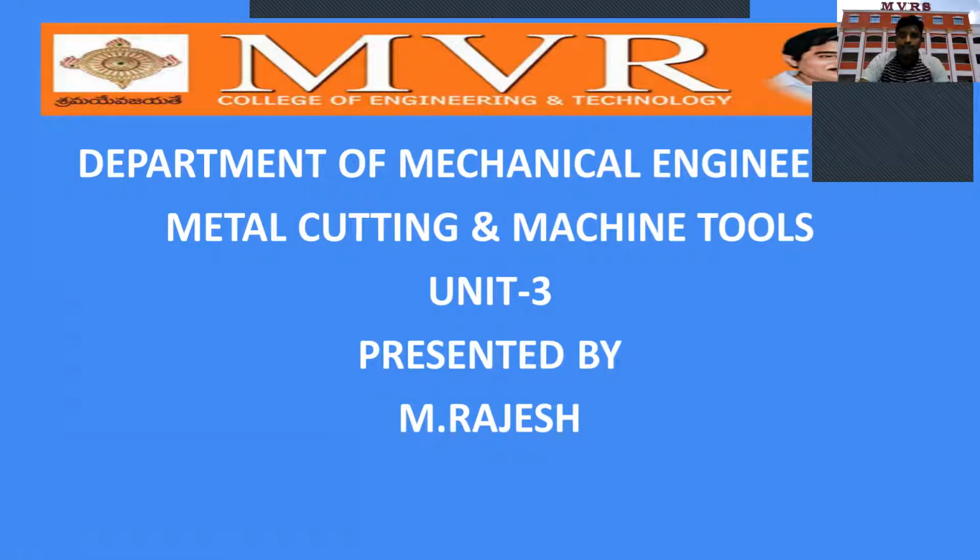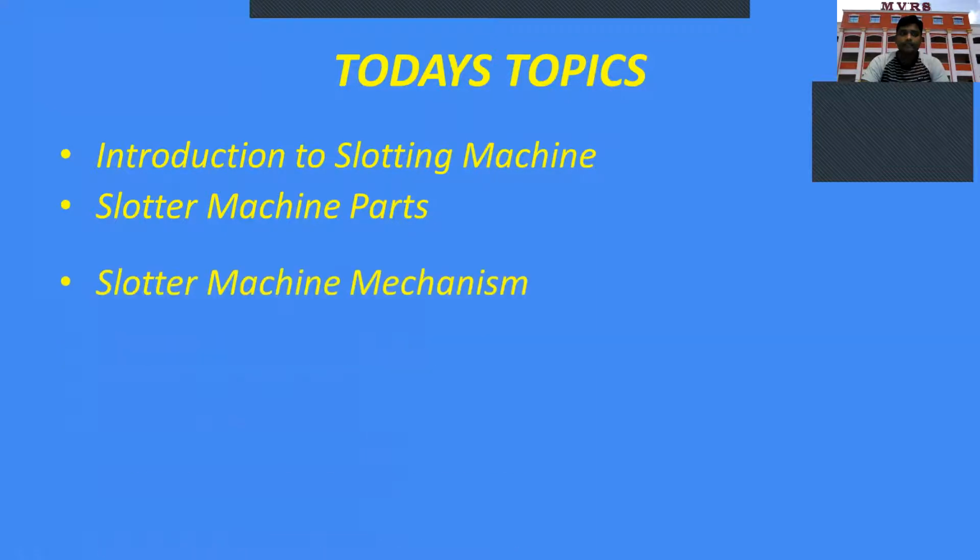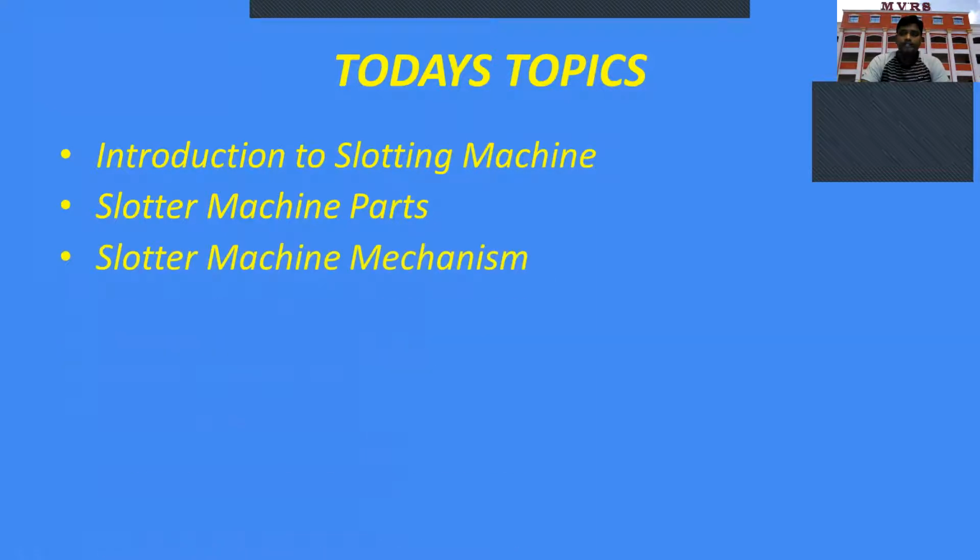Okay. So what are the topics that I'm going to discuss today? The first topic is the introduction to the slotting machine. Second is slotting machine parts, or slotter machine parts, both are one and the same. Next is the mechanism of the slotting machine.